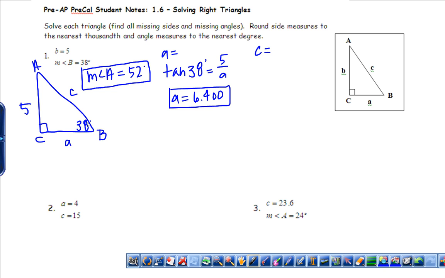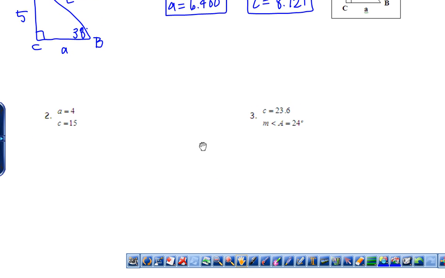So I'm going to use 38 degrees, and I'm going to use opposite and hypotenuse, so that would be sine of 38 degrees is opposite over hypotenuse. So again, solving for C, C is going to be 8.121. If you're having trouble understanding how I'm solving for these sides, make sure you're asking in class.